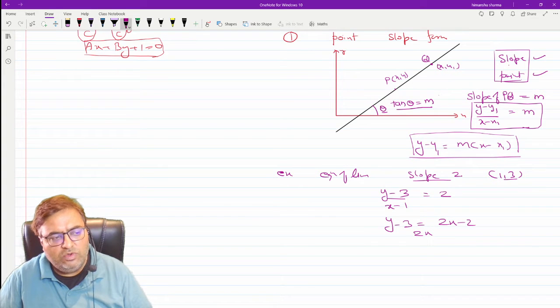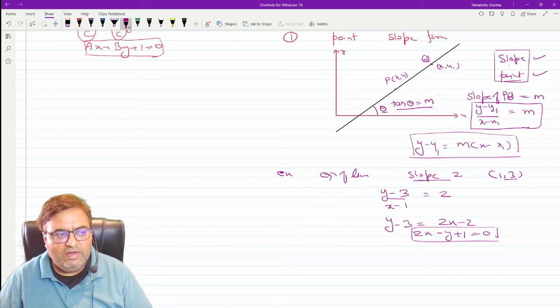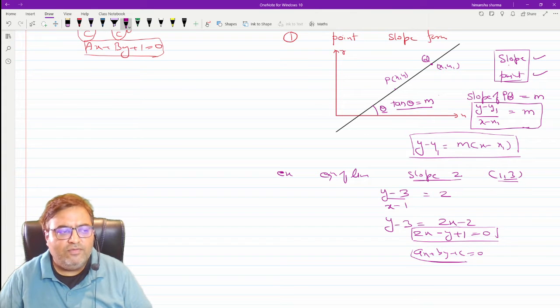So that will give you 2x minus y plus 1 equals 0. This is the equation of the required straight line. So every line having a slope 2 and passing through 1 comma 3 will have the equation 2x minus y plus 1 equals 0. Now you see this equation is already in the form of ax plus by plus c equals 0. This is reduced into general form, but we initiated from this form. This is what is called the point slope form.